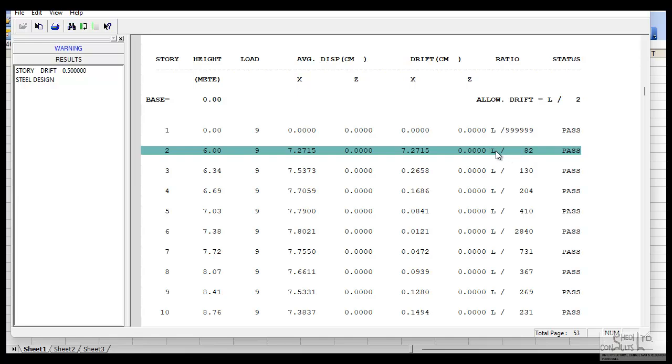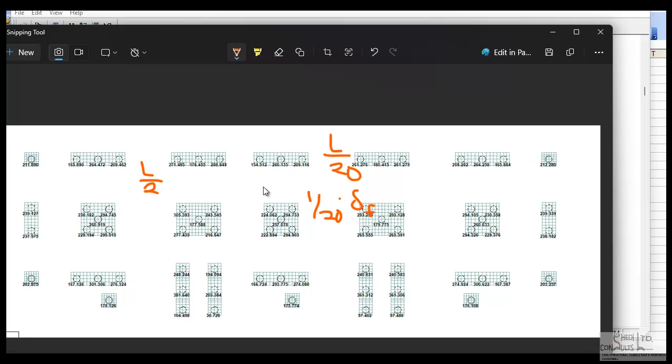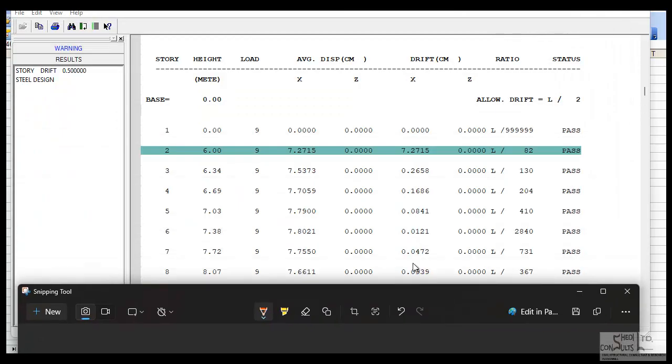So it has provided the factor. The factor is L over 82. How did it get L over 82? Alright, so let's see how it obtained L over 82. Let's come back here. So I specified a drift factor of L over 2, right? L over 2 was what I specified as the drift limitation.